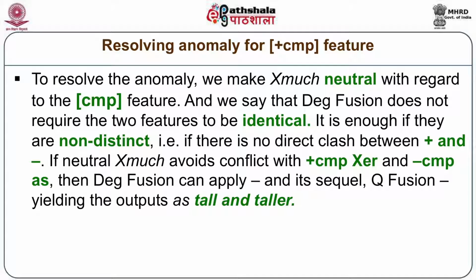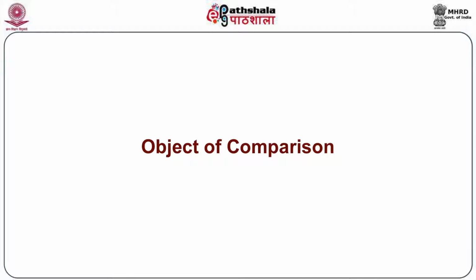In the discussion that we have done so far, we have ignored the right-hand part of the tree, which gives you than Bill or than John and so on, or as Bill and as John. That part is called the object of comparison.